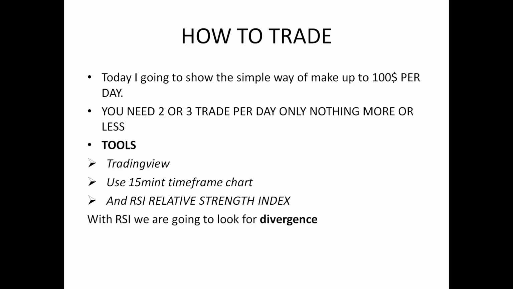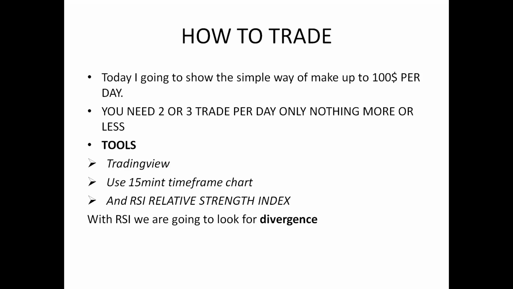The market of volatility 75 is trading all day, 24/7. It does not have a weekend. You can trade on Sunday, you can trade on Saturday. It's not like other markets, forex pairs. So for this, I think it's good. If you have 5 days, making 100 USD is very easy and very simple.